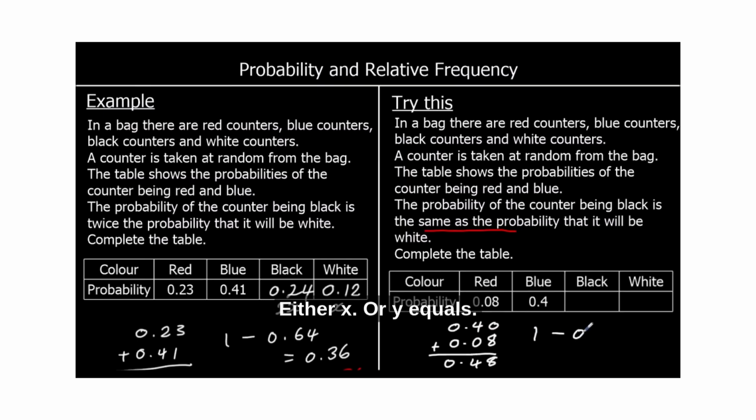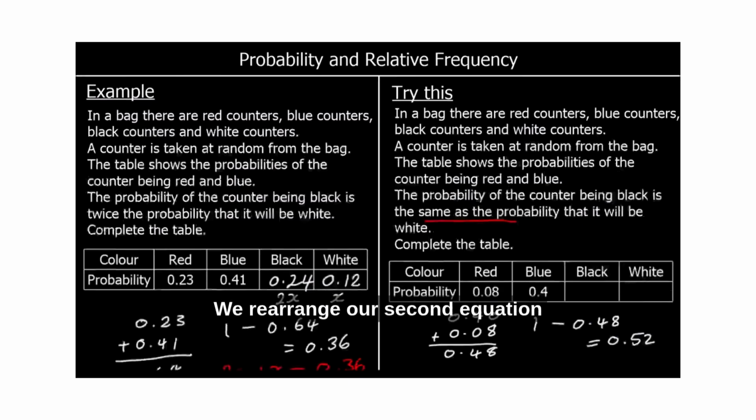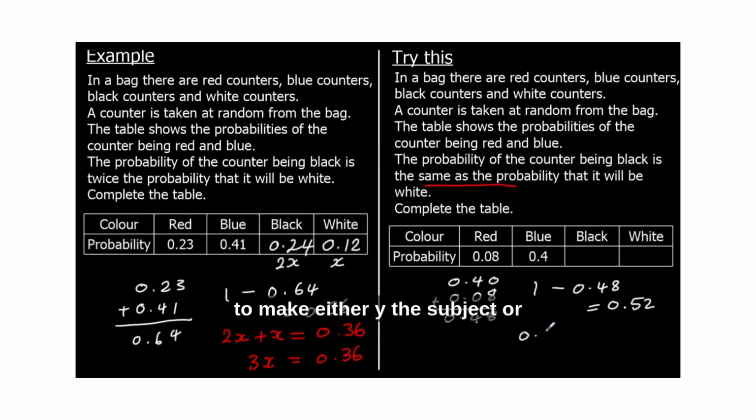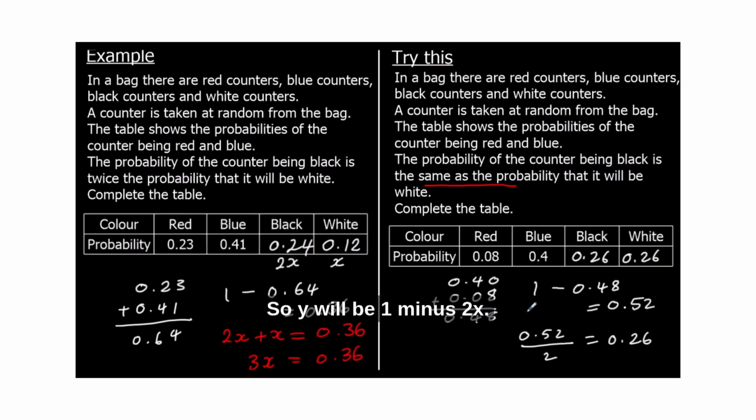So the two missing probabilities have to add up to 0.52. They're the same, so we can just halve 0.52. Half of 52 is 26, so 0.26. So the probabilities are the same, so they must both be 0.26.